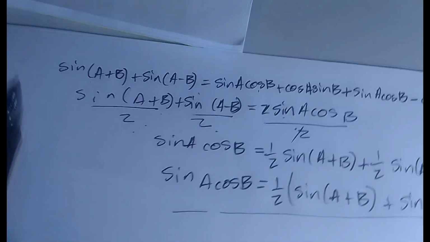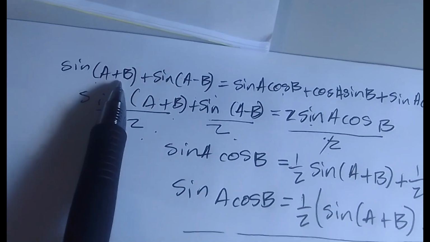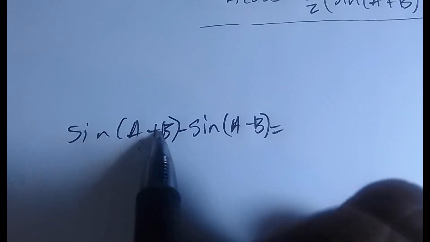Okay, now we added these things to get this. Let's try subtracting them and see what we get. So let's say sine A plus B minus sine A minus B. That's equal to, so you take the right hand side of the identity that has this.